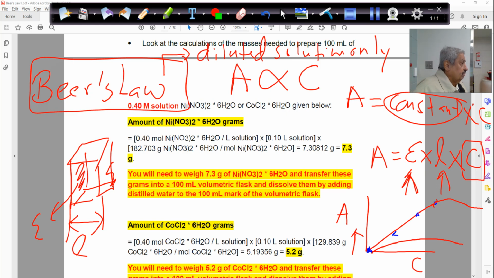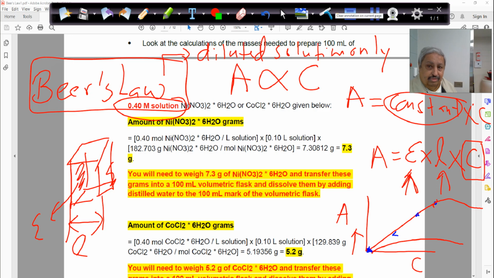It's a curve. So Beer's law works only for dilute solutions. That's the reason we are going to make some dilutions out of this 0.4. This is still not concentrated, but still a very good concentration. So we'll go lower than this.